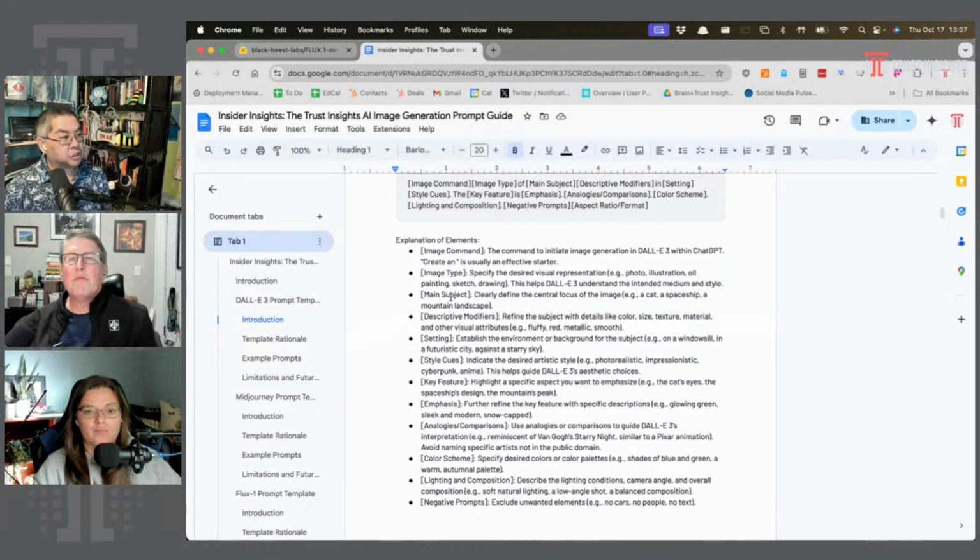What are the key features that you want to emphasize? What are there specifics about those key features? What are the analogies or comparisons? Dall-E in particular is very sensitive to anything copyrighted. So you can say Van Gogh. You cannot say Ansel Adams. Just as a note there. Color schemes, lighting and composition, and negative prompts.